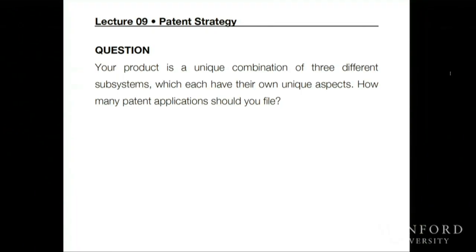Your product's a unique combination of 3 different subsystems, which each have their own unique aspects. How many patent applications should you file? It kind of depends on how much money you have.